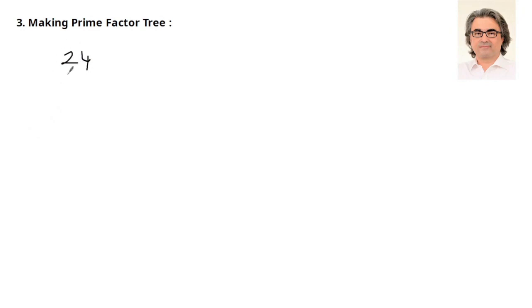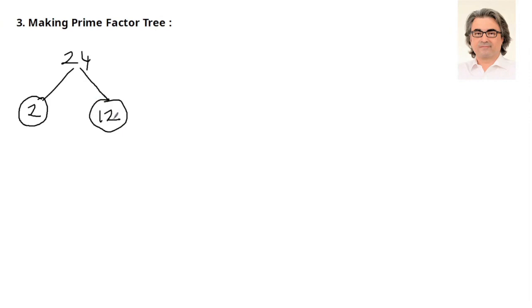And is it possible to divide by 2? Yes. The smallest prime number right here, 2. 2 times 12, because 2 times 12 is 24. I wrote 12 in the next balloon.